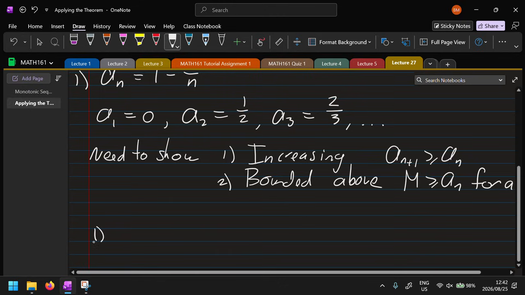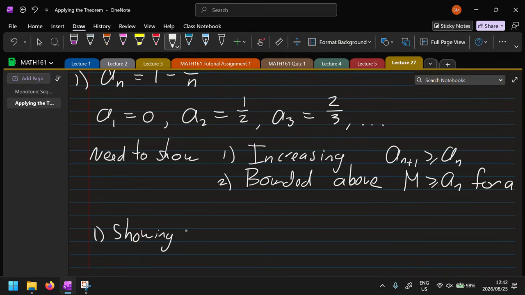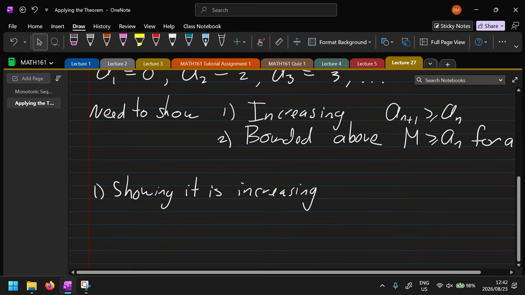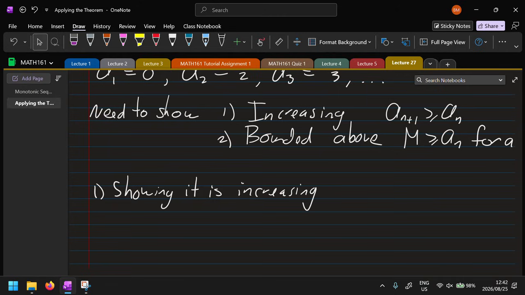So number 1, showing it is increasing. I will show you 2 methods of showing that this is increasing. Depending on the problem, one of the methods would be better than the other. That will be up to you to decide.